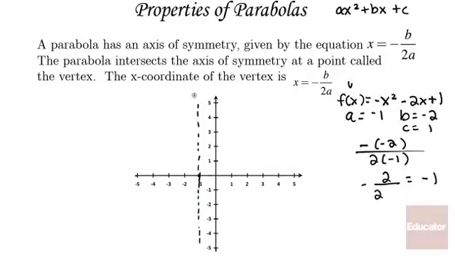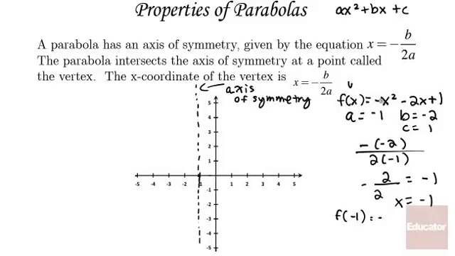So this is the axis of symmetry. Now, this point where x equals negative 1 is the x-coordinate of the vertex. However, I need to find the y-coordinate. In order to do that, I'm going to go back and look for f of negative 1.